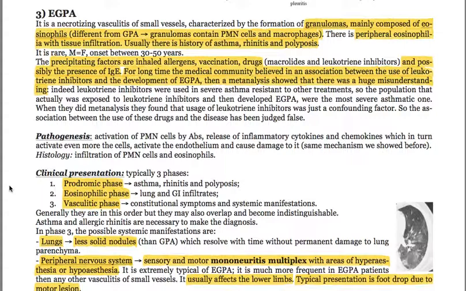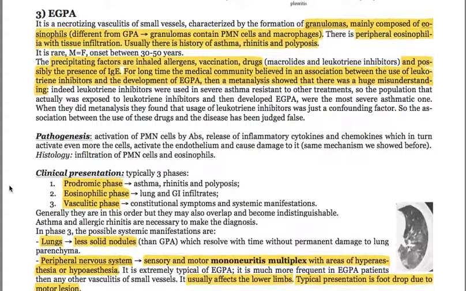There is peripheral eosinophilia with tissue infiltration, and usually there is a history of asthma, rhinitis, and polyposis. It's rare. Males are affected as often as females, and the onset is between 30 and 50 years. The precipitating factors are inhaled allergens, vaccination, and drugs, like macrolides and leukotriene inhibitors, and possibly the presence of IgE.